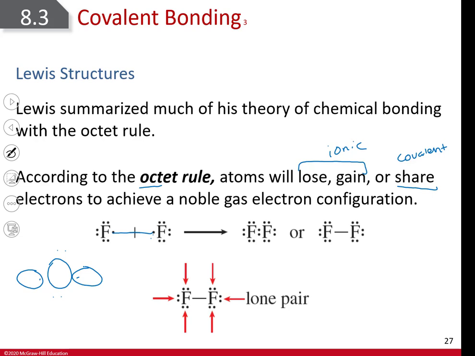Hydrogen can make how many? 1, because it's got 1 dot. So it can make 1 bond. Boron. How many dots would be around boron? 3. So how many bonds can boron make? 3 bonds. So this is the basic idea of how many bonds you can make, and then you're just going to connect the dots.